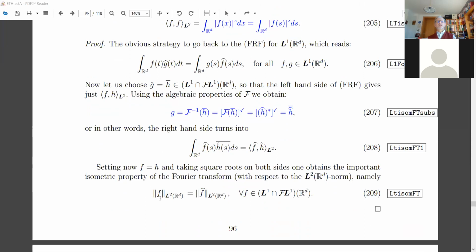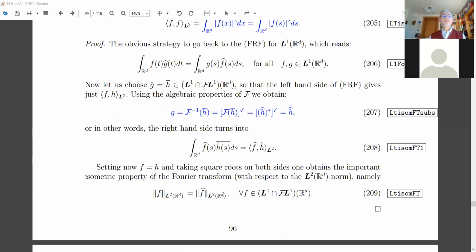Then of course the scalar product of f by itself, which is the f L2 norm squared, is the same as the f hat L2 norm squared. But both expressions are positive, so we take the square root of this natural equation, which you get from here, and you have the isometric property.